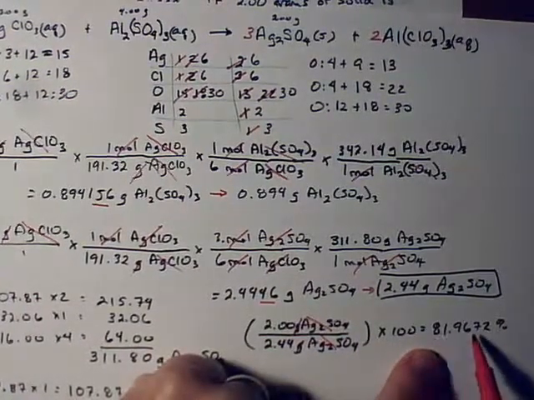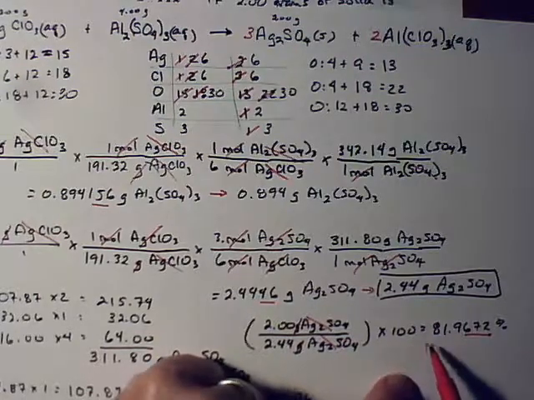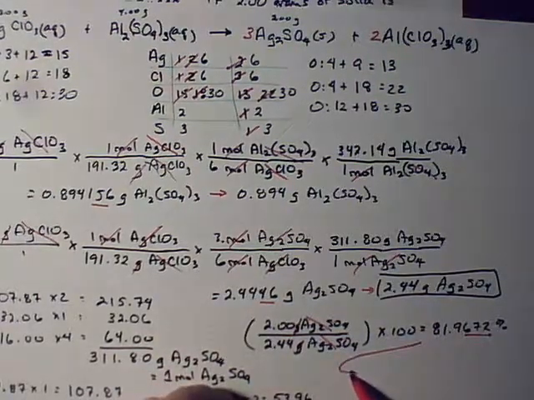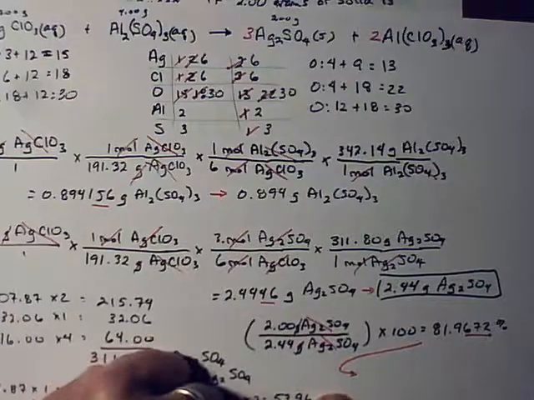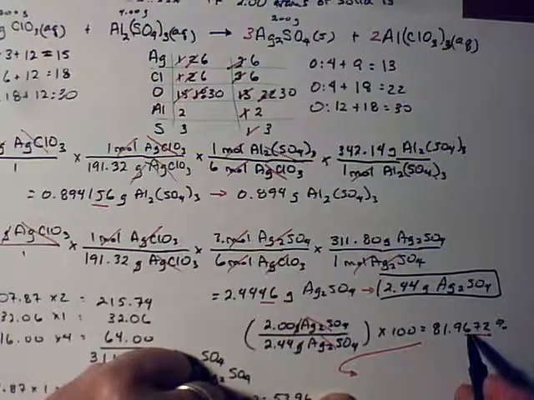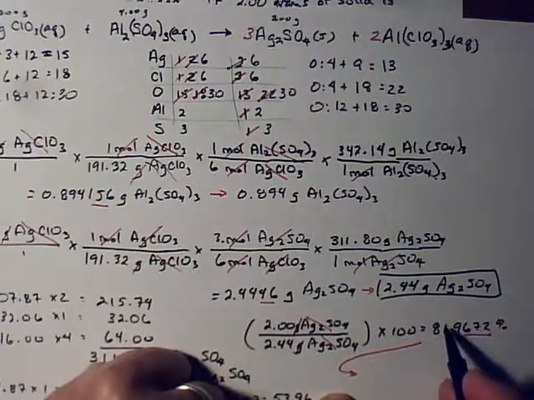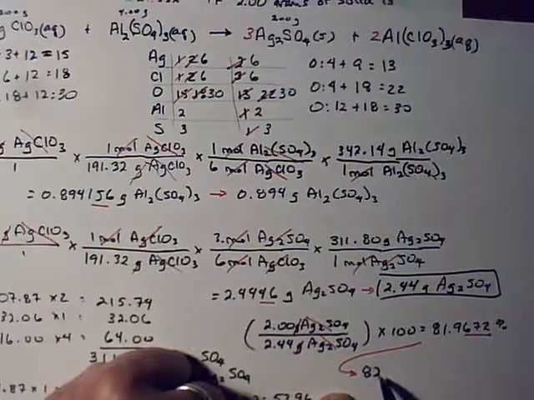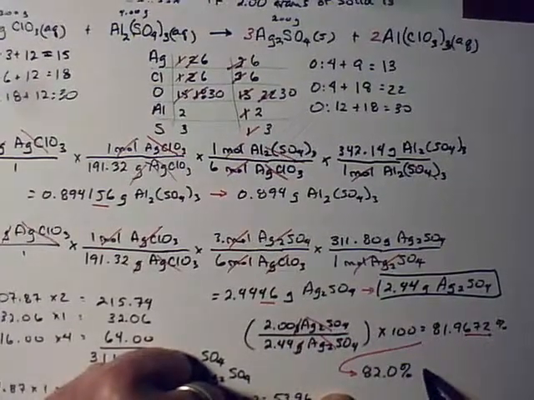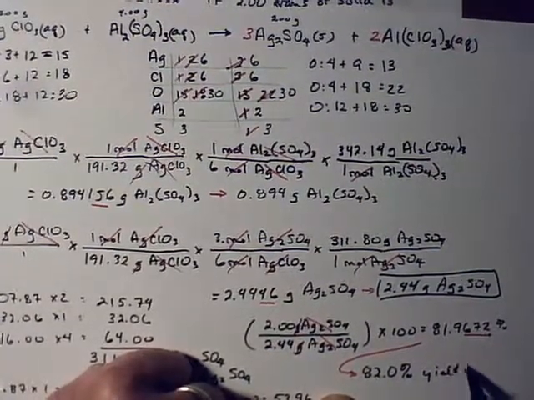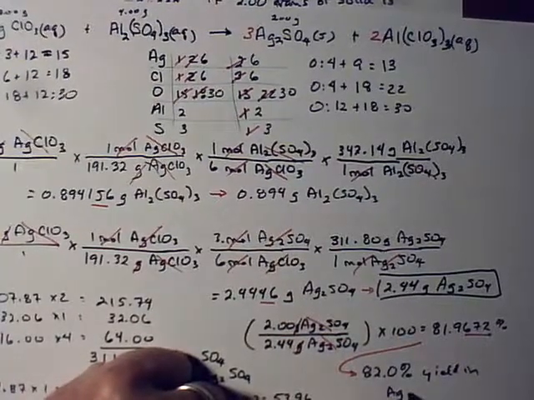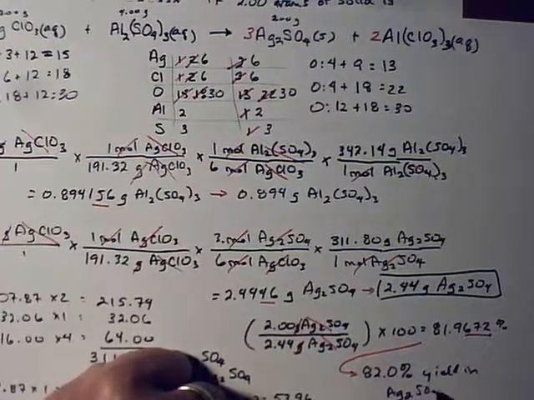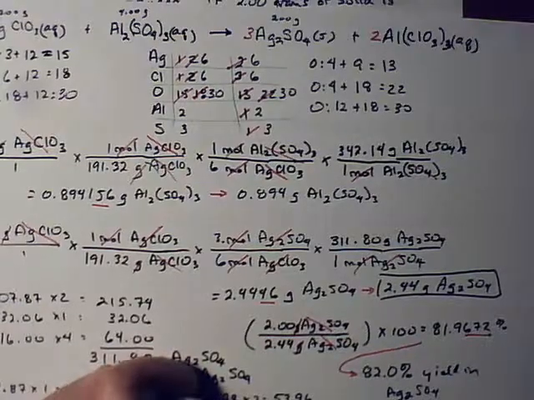So 1, 2, 3, round off those digits. Draw an arrow to show that I'm rounding off. That's the only operator that's allowed to show rounding off. This 6 makes the 9 round up to a 10, which makes this a 2. So it's 82.0% yield in silver sulfate. All right.